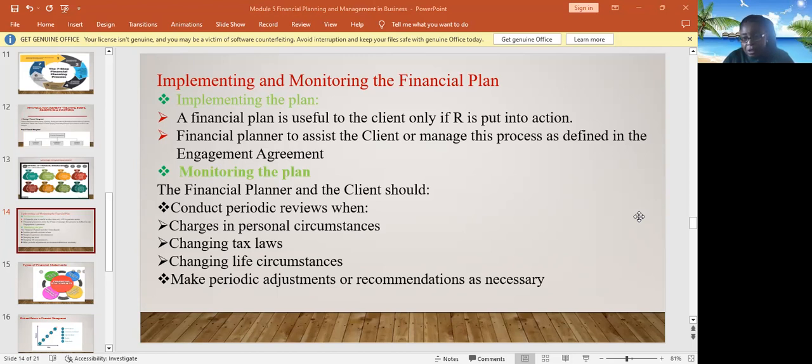They conduct this review when there is change in personal circumstances, change in tax law, and also when there is change in life circumstances. They also make periodic adjustments or recommendations as necessary. That's how to implement the plan and also how it will be monitored.